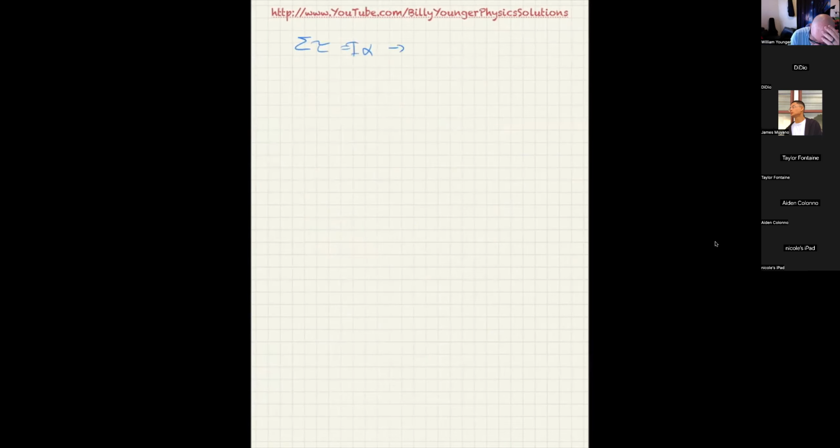So we end up getting, in fact, that the torque, if I draw the object like this, distance from here to here is L over 2. We've got a force of M times G acting on it there.